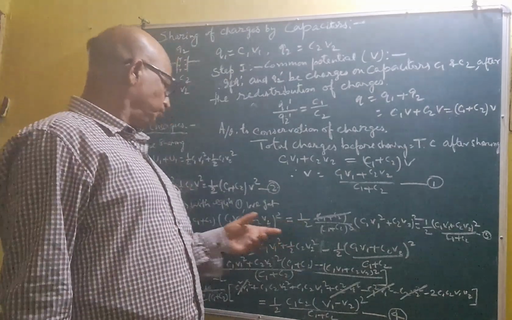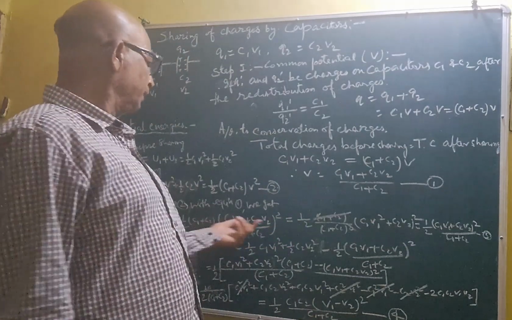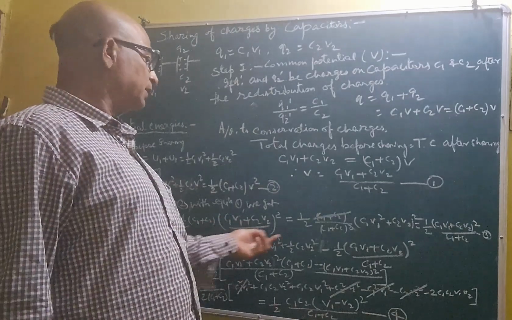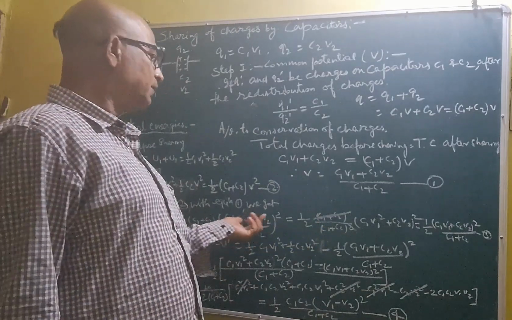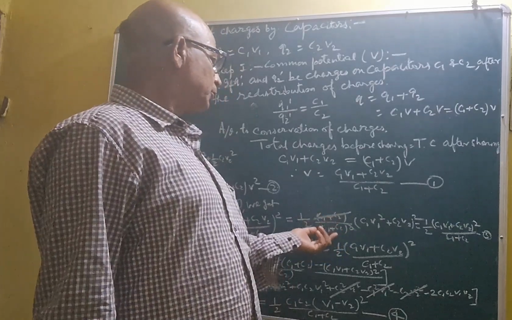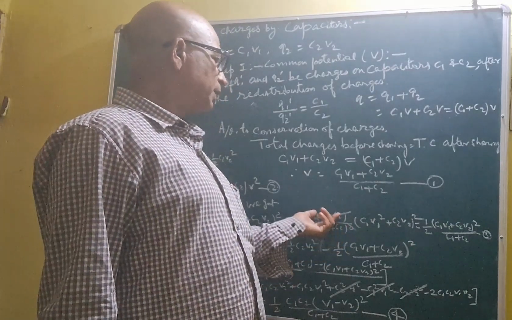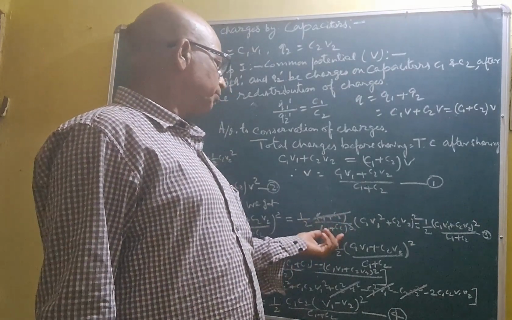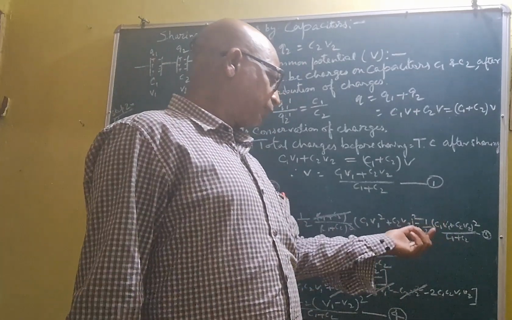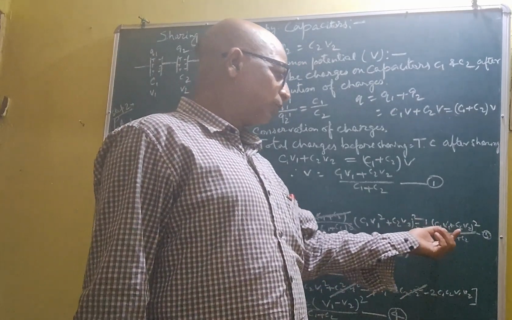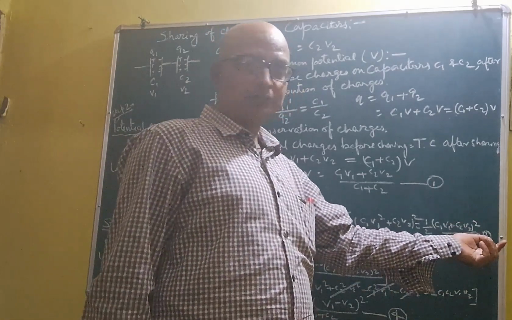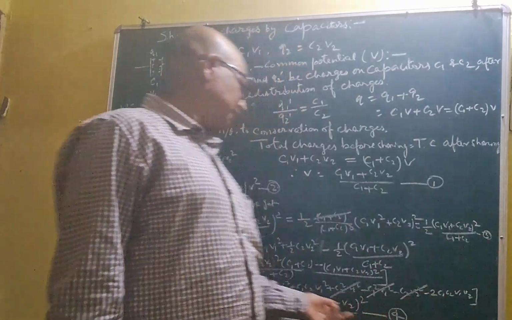After calculating, the C1 plus C2 in the numerator and the C1 plus C2 square in the denominator cancel, and one factor remains. So U dash is equal to 1 by 2 into C1 V1 plus C2 V2 whole square divided by C1 plus C2. This is equation number 3.